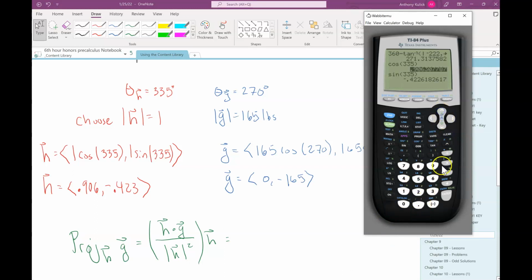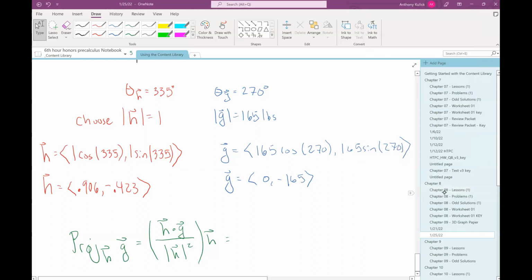So let's see, 0.906 times 0. I don't have to worry about that. And then negative 0.42, times negative 165. That gives me, and then over 1 squared, 6973.